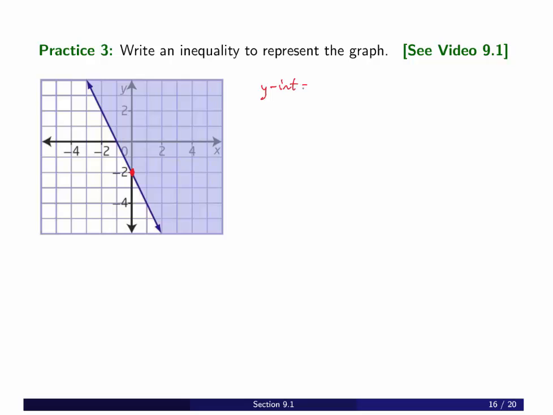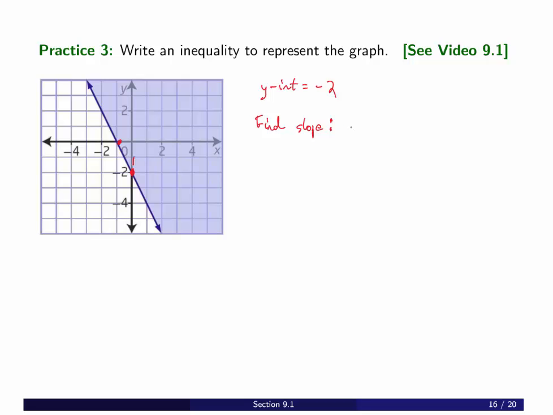So the y-intercept is equal to -2 in this case. You can pick another point on the line. Let's pick this point right here. That's the x-intercept. And you can find the slope, right? On a line, as long as you have 2 points, you should be able to determine the slope, because the slope is constant.